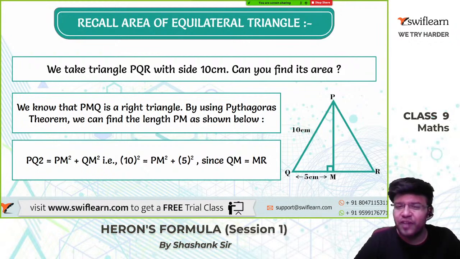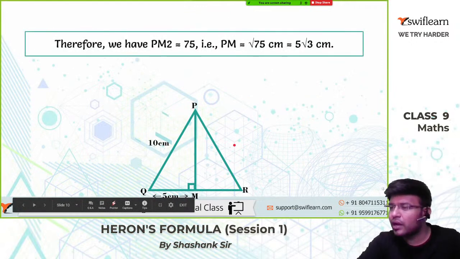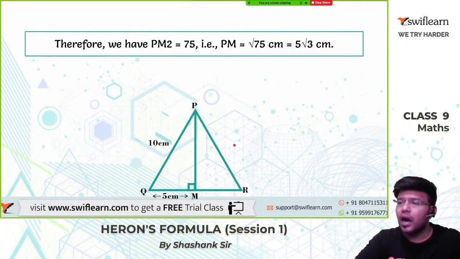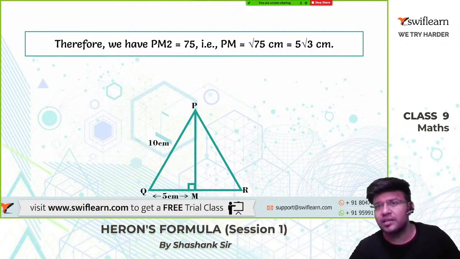Simplifying, 10 square is 100, and 100 minus 25 is equal to PM square, so PM is equal to the square root of 75. Now how to divide 75? 75 can be written like this.